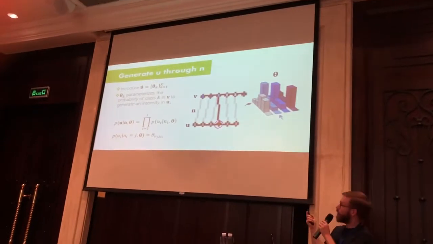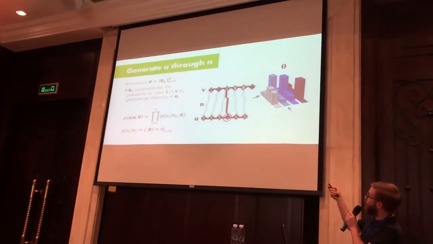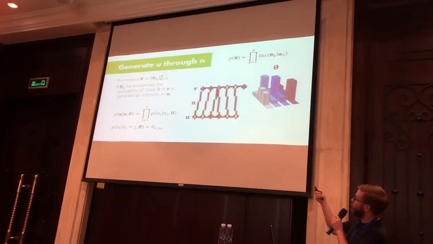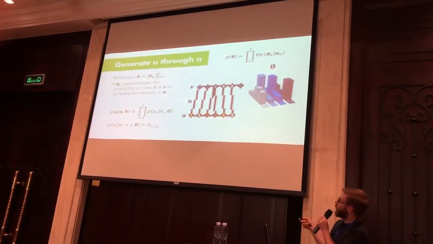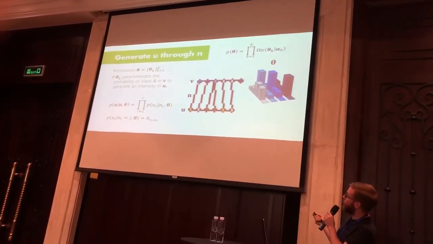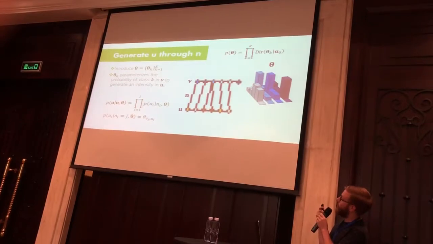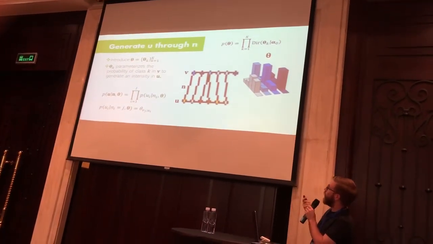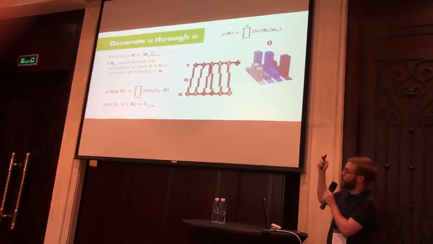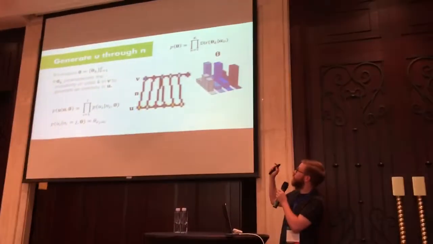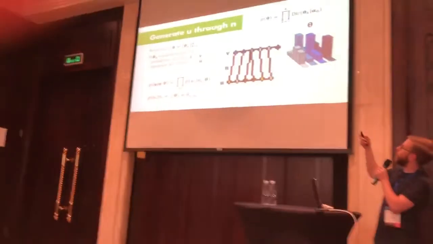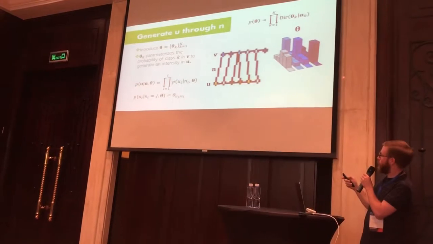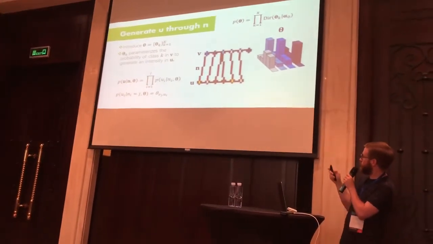So we fill that in. Then we can do that for all locations in U, and we have generated U from V. Obviously, we also have a prior on the intensity parameters theta as well.